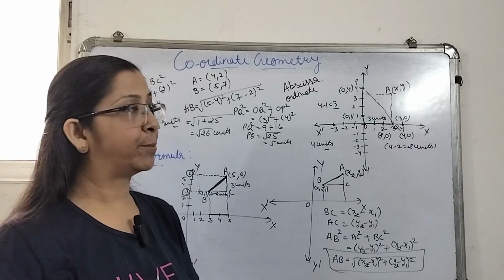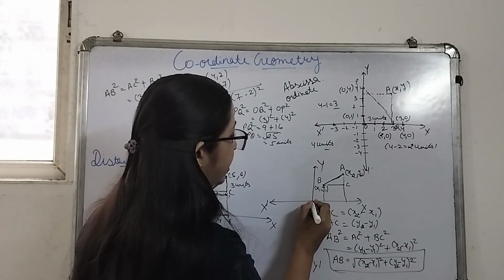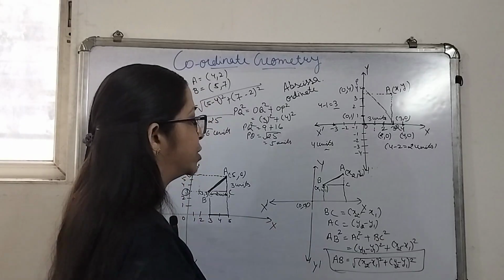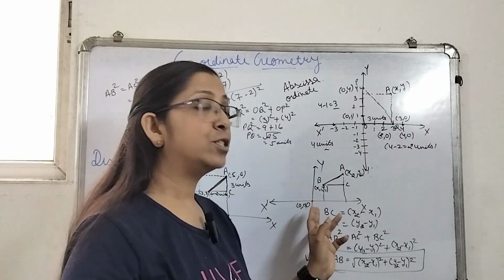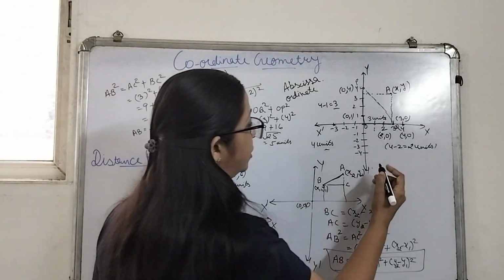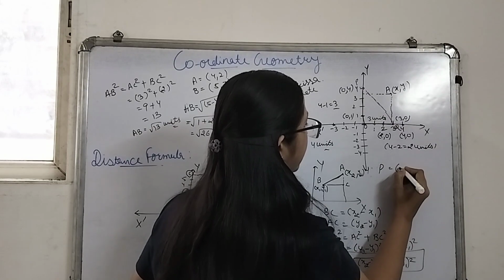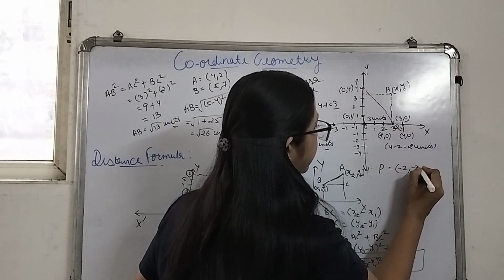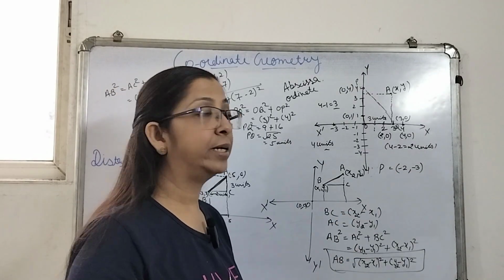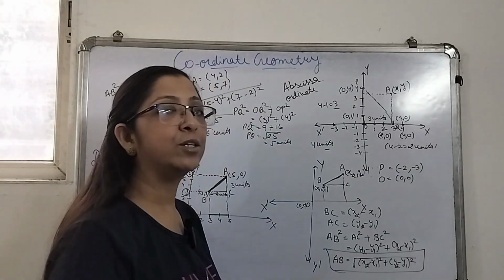Now the coordinate of the origin will be 0, 0. If you have to find the distance of any point from the origin, suppose P is a point with coordinates minus 2, minus 3. The x coordinate is minus 2 and the y coordinate is minus 3, and you have to find its distance from the origin, which is 0, 0.